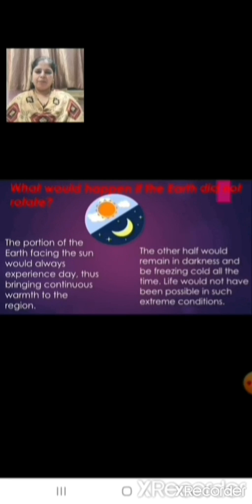Children, what would happen if the Earth did not rotate? If the Earth did not rotate, the portion of the Earth facing the sun would always experience day. That is, it would continuously warm only that region, and the other half would remain in darkness and be freezing cold all the time.